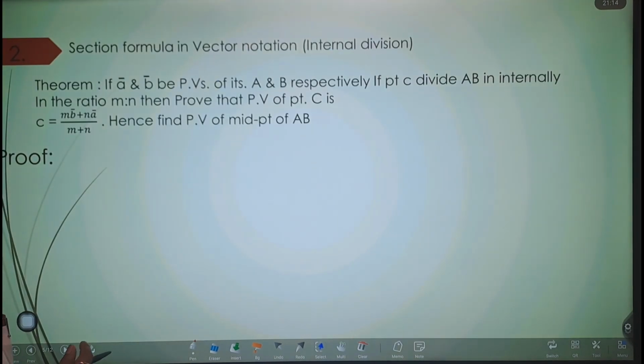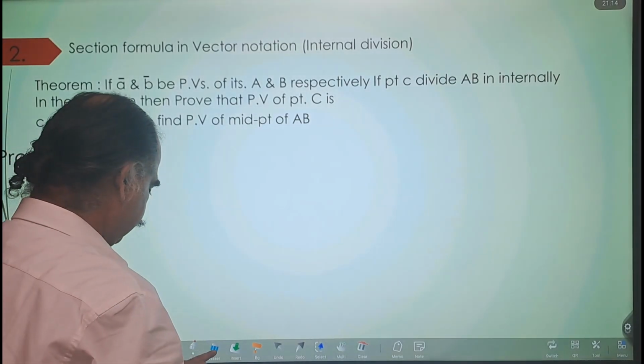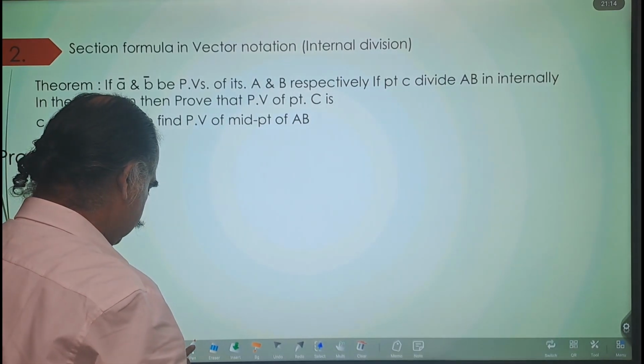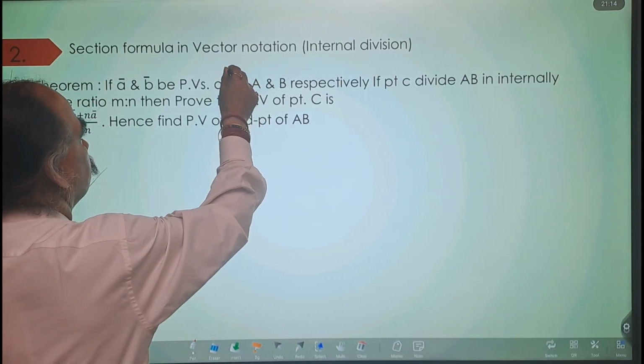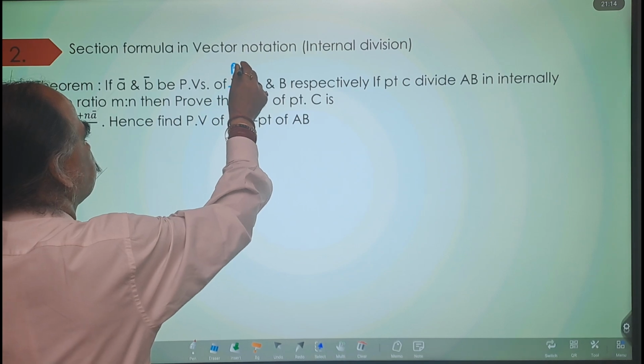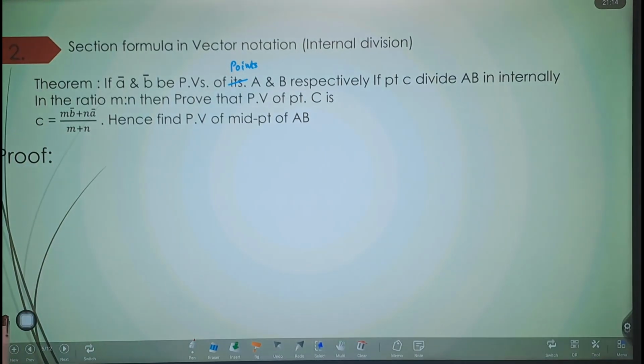Next part is section formula in vector notation. If A bar and B bar be position vectors of points, it is not its, it is points. PTS is short form of points.